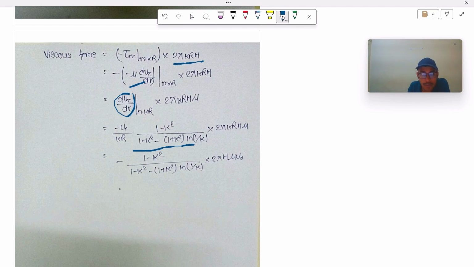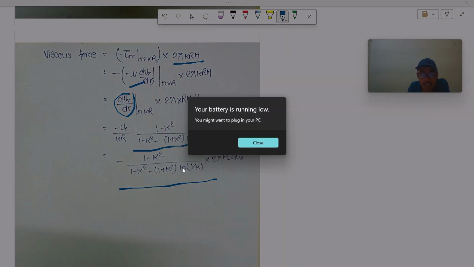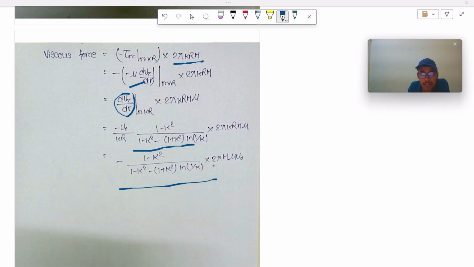So finally, the expression is given by minus 1 minus kappa r upon 1 minus kappa r square minus 1 minus kappa r ln 1 by k, into 2 pi h mu times v naught. This is the relation between the viscosity and the terminal velocity.